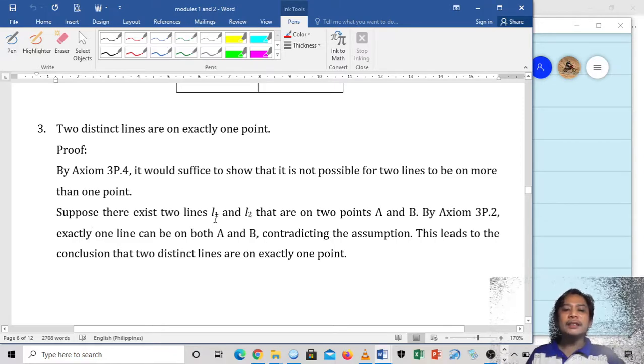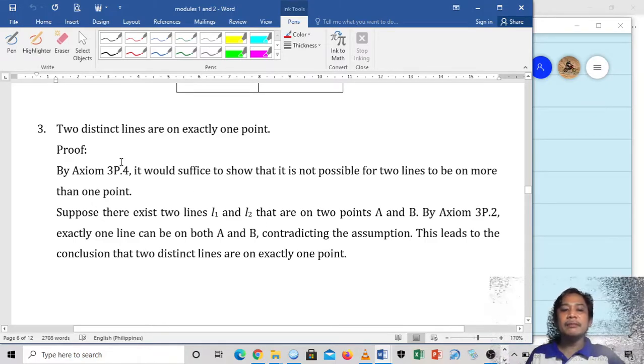So suppose there are 2 lines, L sub 1 and L sub 2, and they intersect at 2 points, A and B. By axiom 3P.2, which states that each pair is in exactly 1 line, there can only be 1 line that can contain both A and B. But in this assumption, we have 2 lines that contain A and B. This would contradict the assumption.